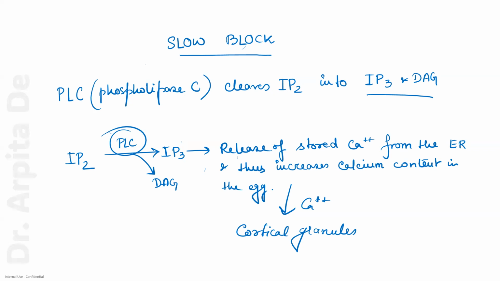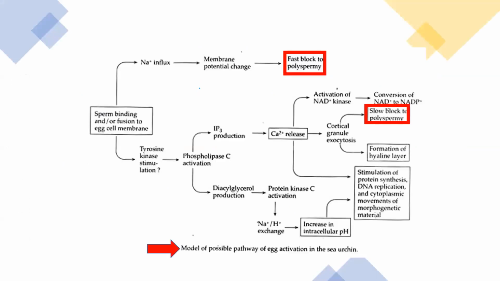Okay, so I hope this lecture is clear to you. It is nothing difficult actually. All that you need to remember is the name of the enzymes or proteins, its respective receptors, and slow and fast block to polyspermy. So before we wind up, in a nutshell, what happens here: sperm binding and fusion with egg membrane.